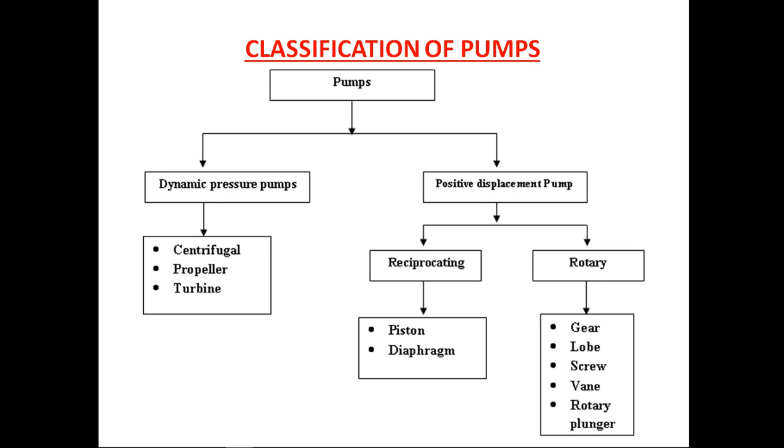The volume is constant given each cycle of operation. For that, a positive displacement pump is also called a constant flow machine. The positive displacement pump is further divided into reciprocating pump and rotary pump based on their working principles.